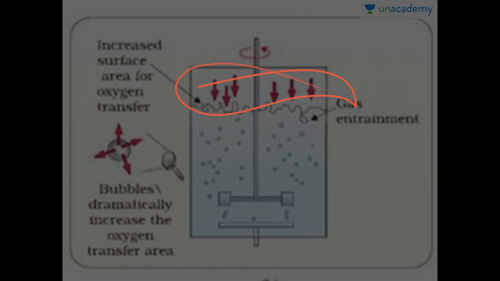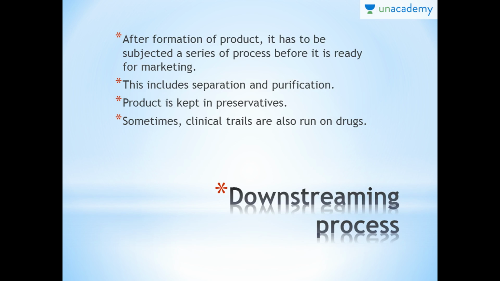After getting this, the last procedure in this video is the downstream process. In this process, after the formation of the product we are making, it is prepared to be released to the market.